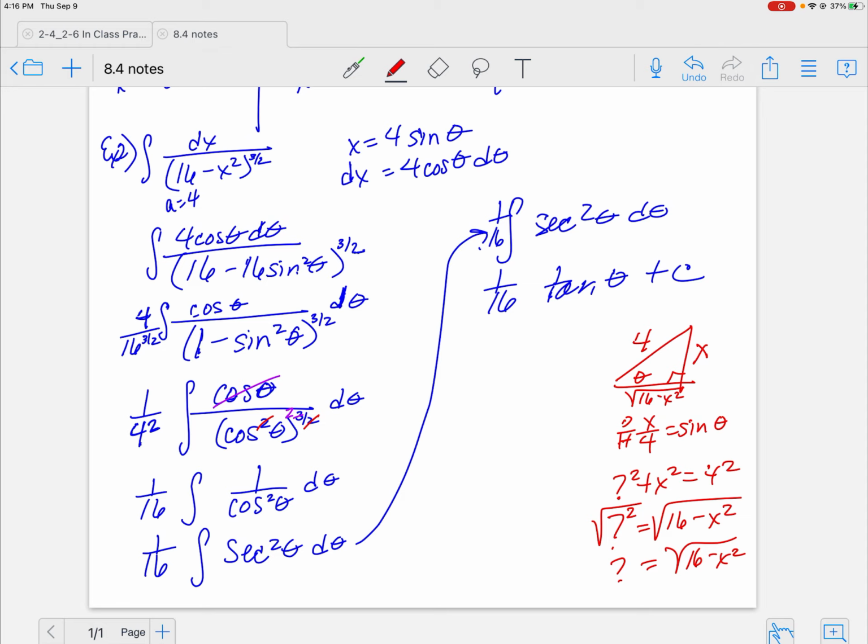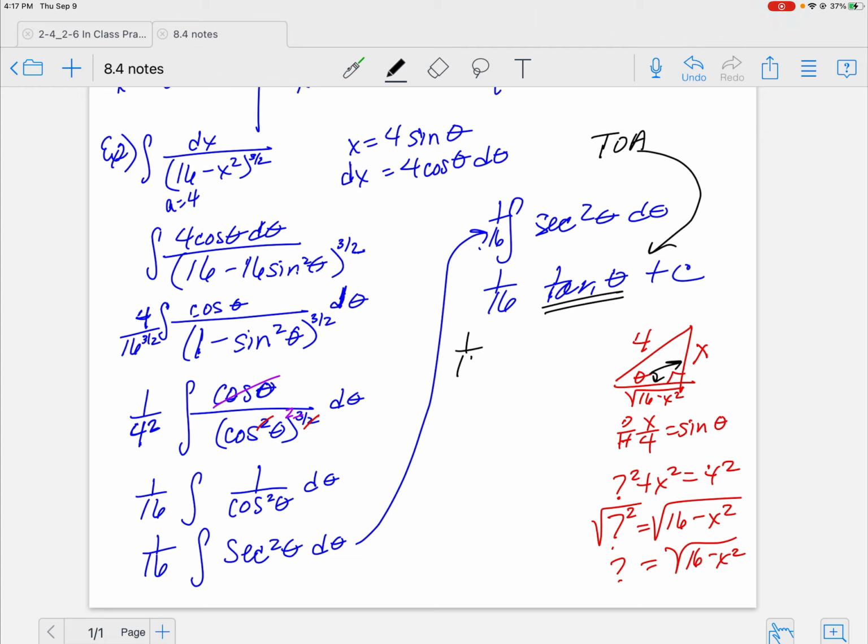All right. So we go to right triangle trig. So we're making a substitution. And now I'm looking at tangent. And tangent, for SOHCAHTOA, is opposite over adjacent.